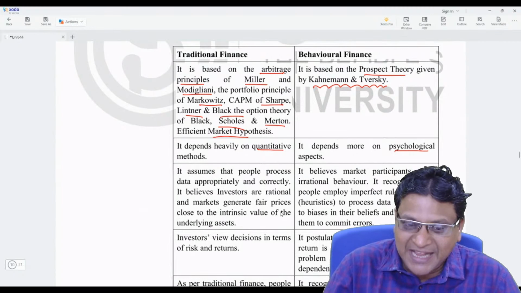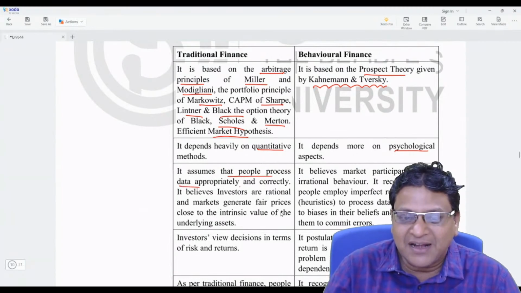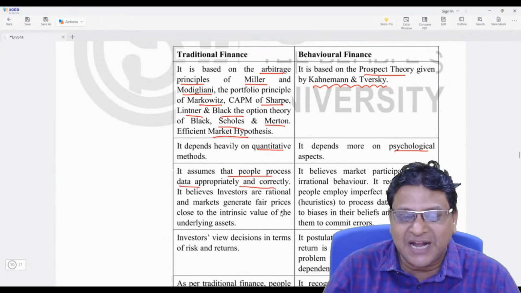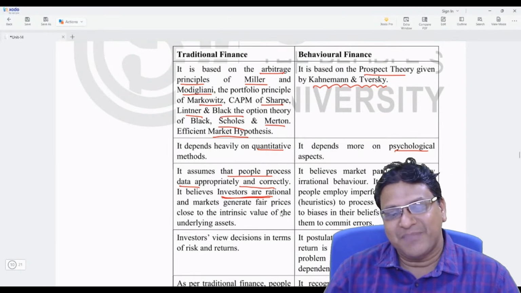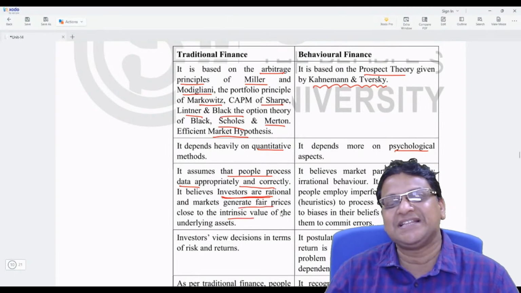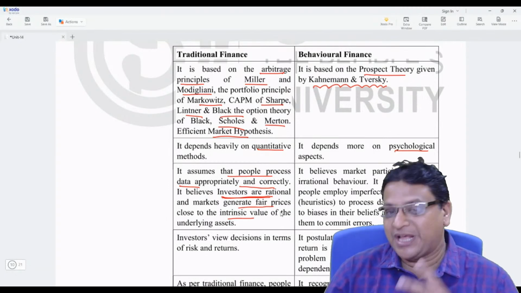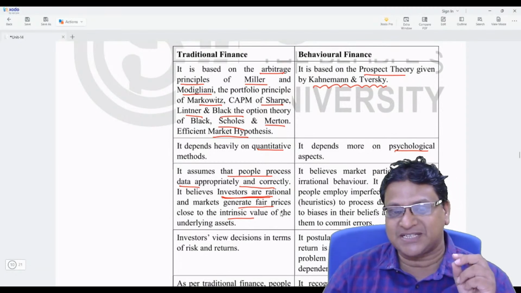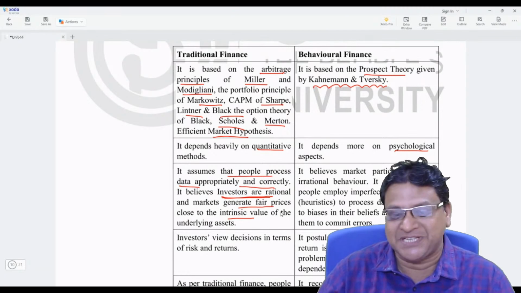Traditional finance assumes that people process data correctly. It believes that investors are rational and markets generate fair prices close to intrinsic value. That means markets are efficient. So there are two important assumptions of traditional finance: people are rational, markets are efficient.